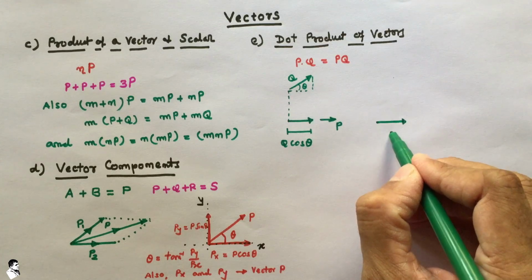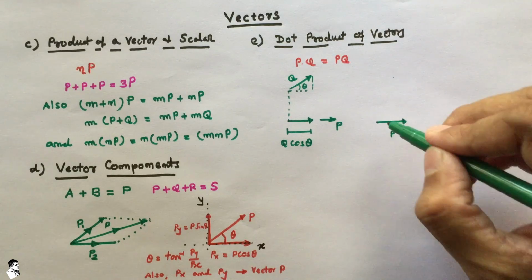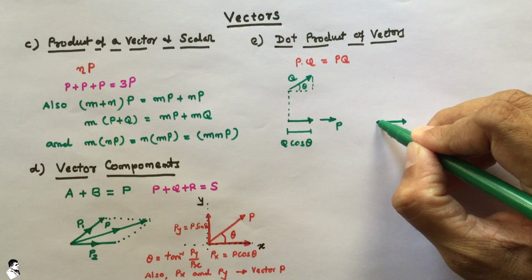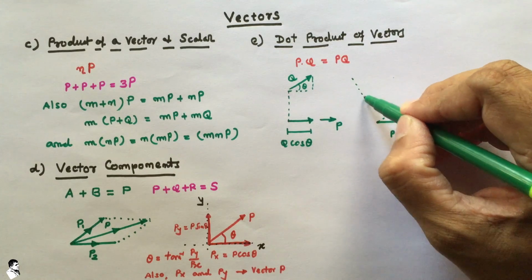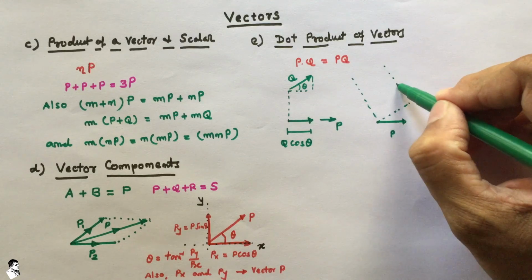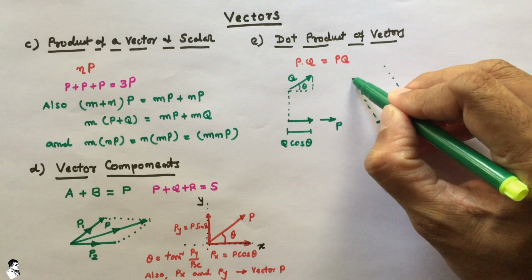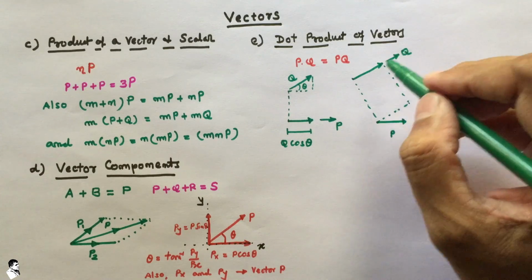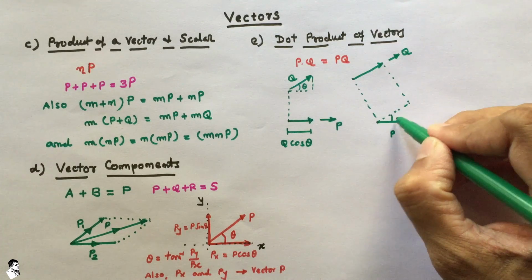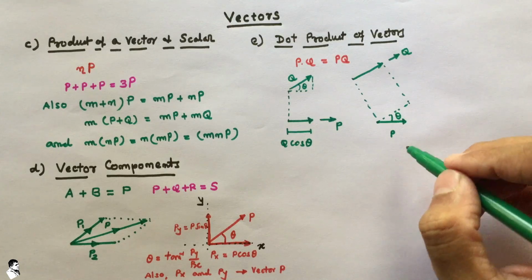And if you see here, p is our vector, and we draw parallel lines in the direction of q. So this is our q vector, and this is the inclination theta.